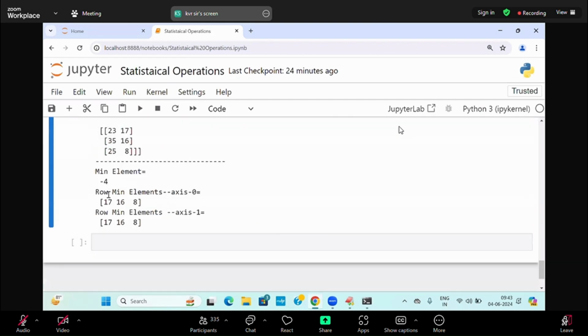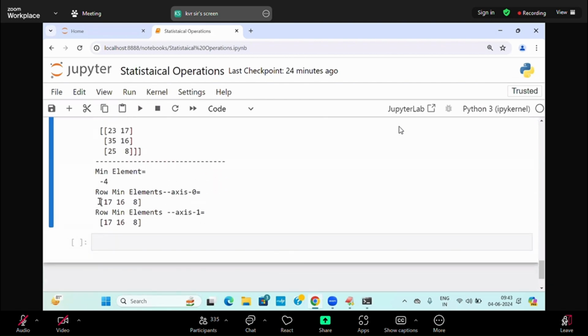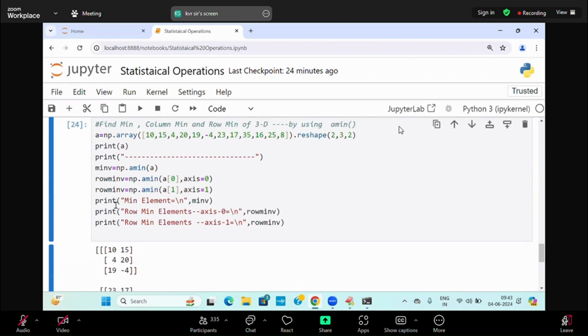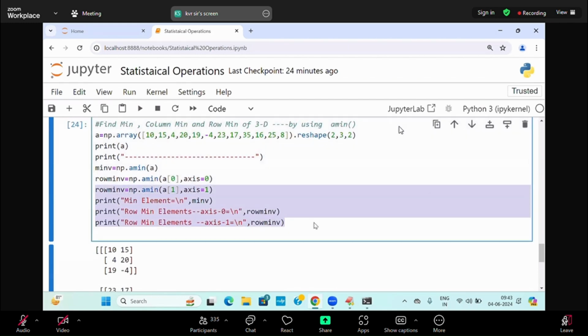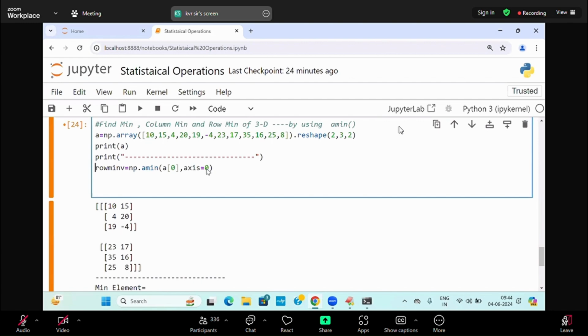-4. What is the row minimum in axis 0? What is the row minimum? If we go to this place, A of 0, and want to separate it, print of what? Row min elements. Row min elements in where? A of 0, that means in the first matrix, comma, row min.